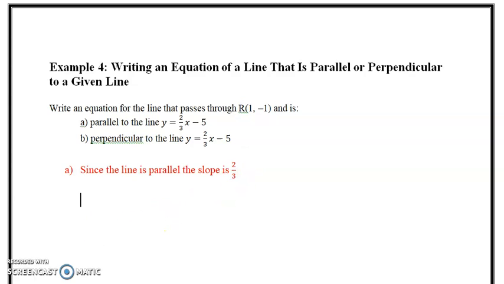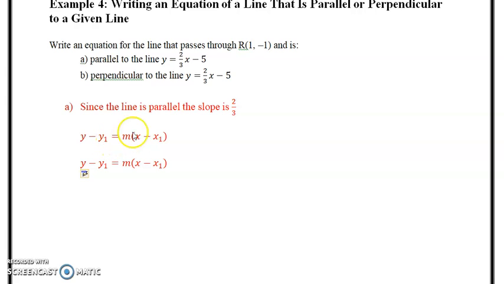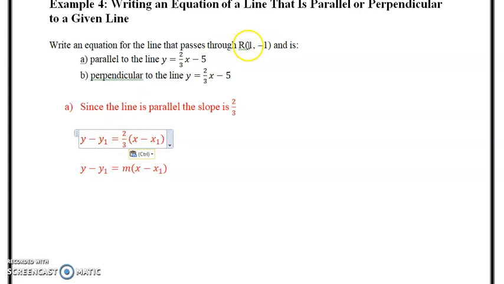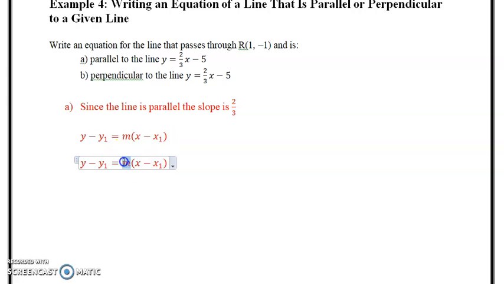So let's grab the formula for slope point form. We have the slope, we can fill that in as 2/3. We have a point, the point is at 1, -1, so that means y1 is -1, so we replace that with bracket -1. And the x is 1, so we replace the x1 with 1.